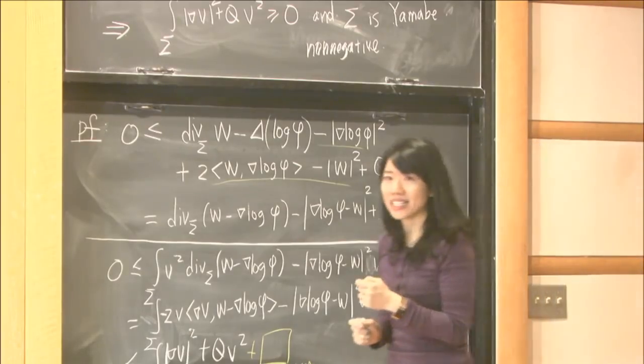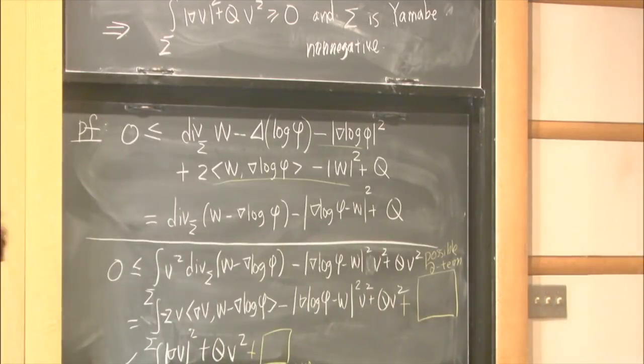And then how is it related to conformal change? Now the rest is very similar to the minimal surface case. So once we have this inequality, we just write down what the term Q is.